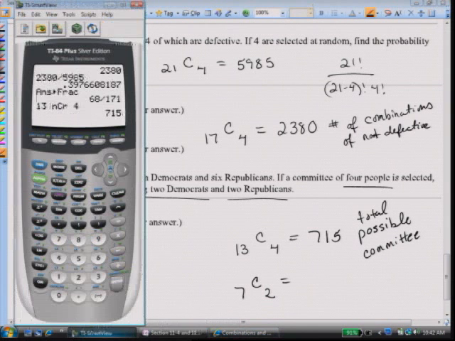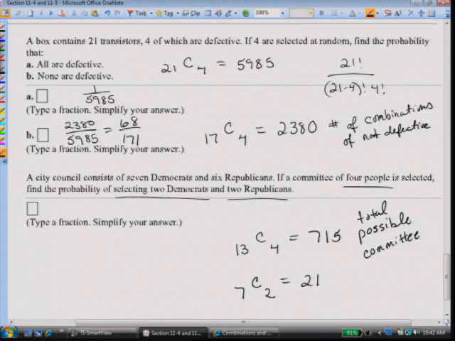So we'll come in here and we'll do second enter, and then I can just change this to a 2, and I can change this to a 7. So that's 21. There are 21 combinations of 2 Democrats.